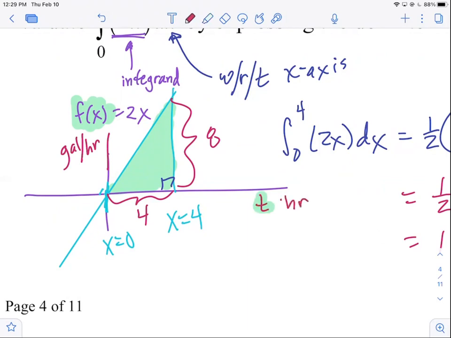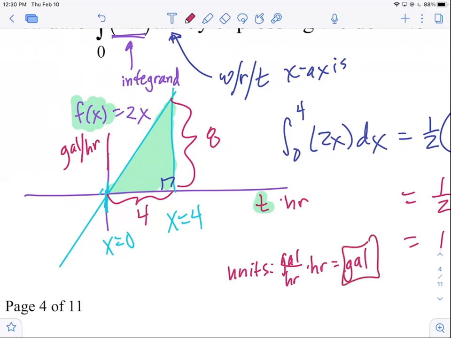Well, when you find area, you're multiplying y values times x values. What would the units be if we were to multiply the units of the y-axis times the units of the x-axis? It would be gallons, right?